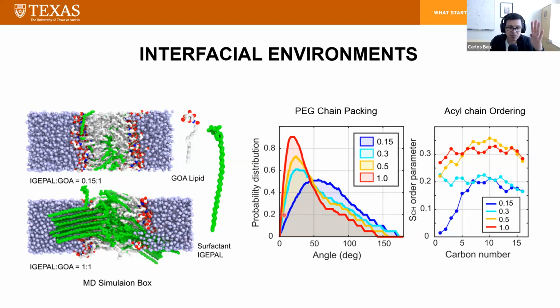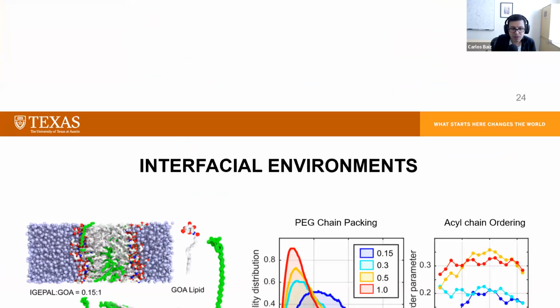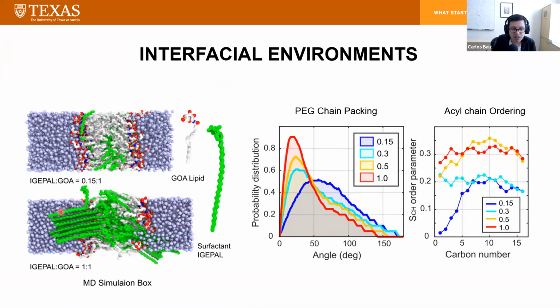If that angle is 0, that means that these PEG chains are packing very closely together. If there's a large distribution, as you can see in the blue, where you have very little IGPAL, that means that there's a lot of disorder in these PEG tails. And you can actually even see it here that as you increase the amount of this IGPAL co-surfactant, these PEG tails seem to stack with each other.